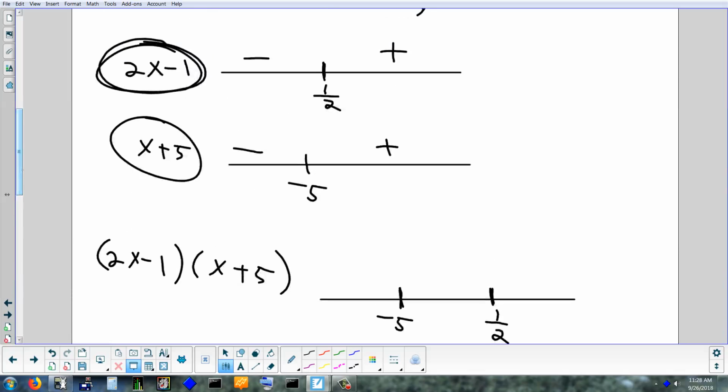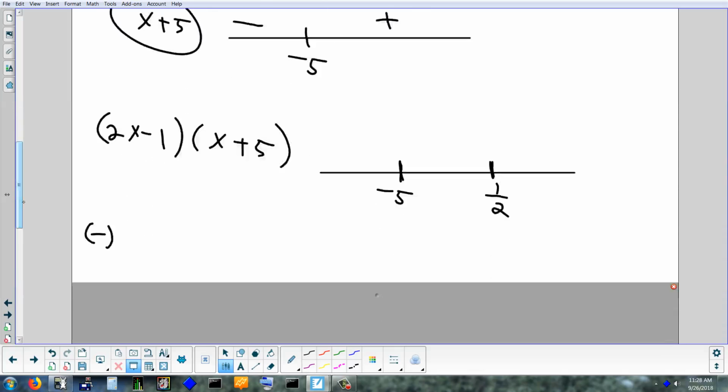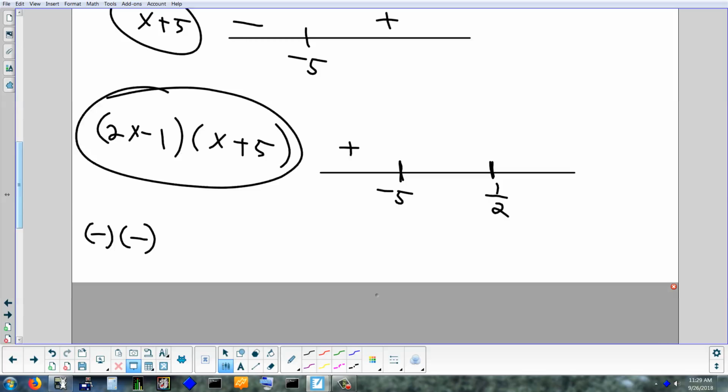And now, Nathan, what about if I plug in a number less than -5 on the bottom number line? It's also a negative. And a negative times a negative would give me a positive. So if you plug in any number you want less than -5, you will always get a positive result using that to evaluate.